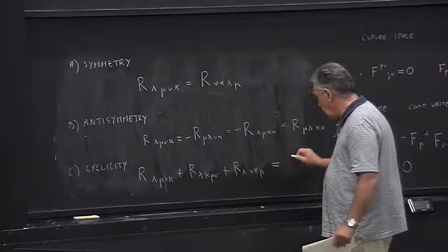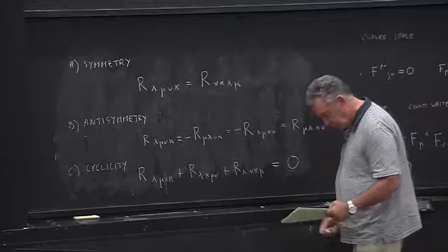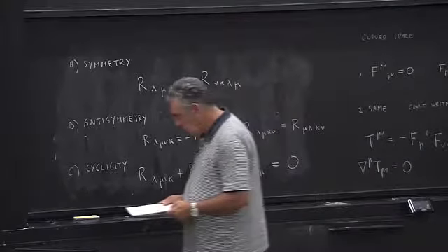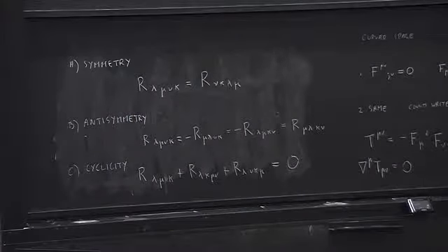If you add them up together, you get 0. So you may ask, how many independent components does the Riemann tensor have? And I leave this as an exercise.